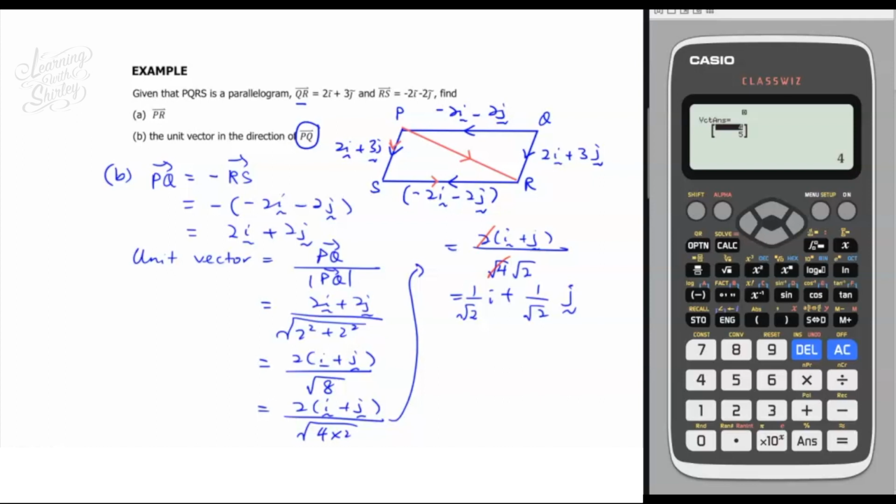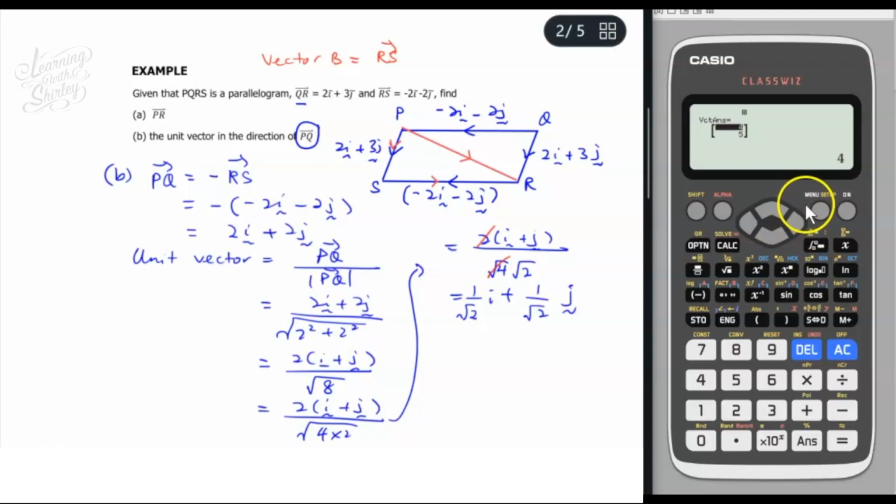Now I'm going to teach you how to use the Casio Classwiz calculator to calculate the unit vector. Just now, the vector B that we defined in the calculator is actually RS. Now our PQ is negative RS, which means we're going to use negative vector B to find the unit vector.